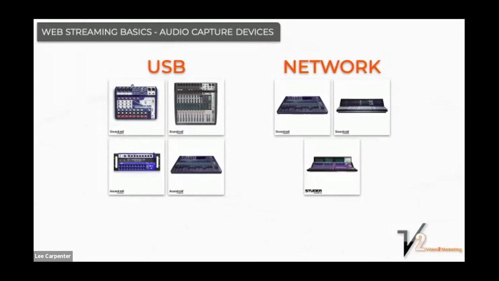You can take a Vi console, which has Dante natively, take Dante out into a computer, and through Dante sound card on a Mac or a PC, you can receive stereo channels of Dante, and then join those with your encoder or your Telestream or Wirecast software and stream that out as well. So you can keep the audio workflow really easy without having a huge XLR split and all types of stuff like you normally would do to do a broadcast recording.